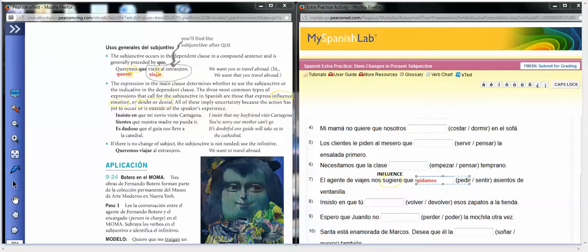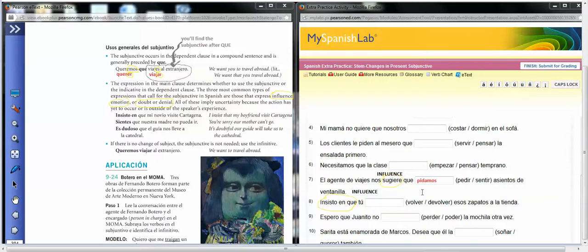pidamos. Okay. Insisto en que tú devolver esos zapatos a la tienda. So again, this is influence. Insisto en que. Influence again.